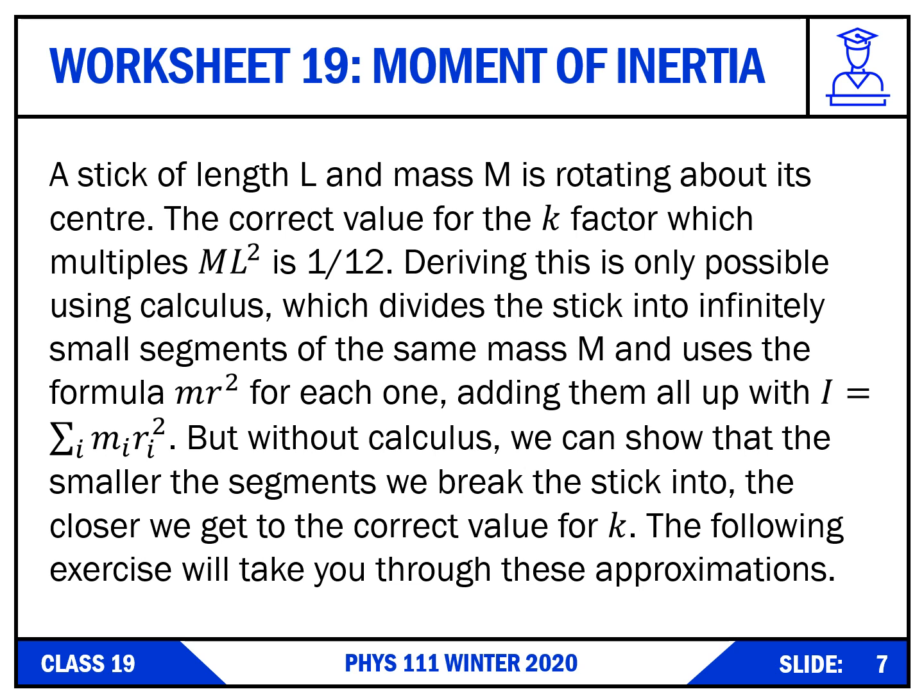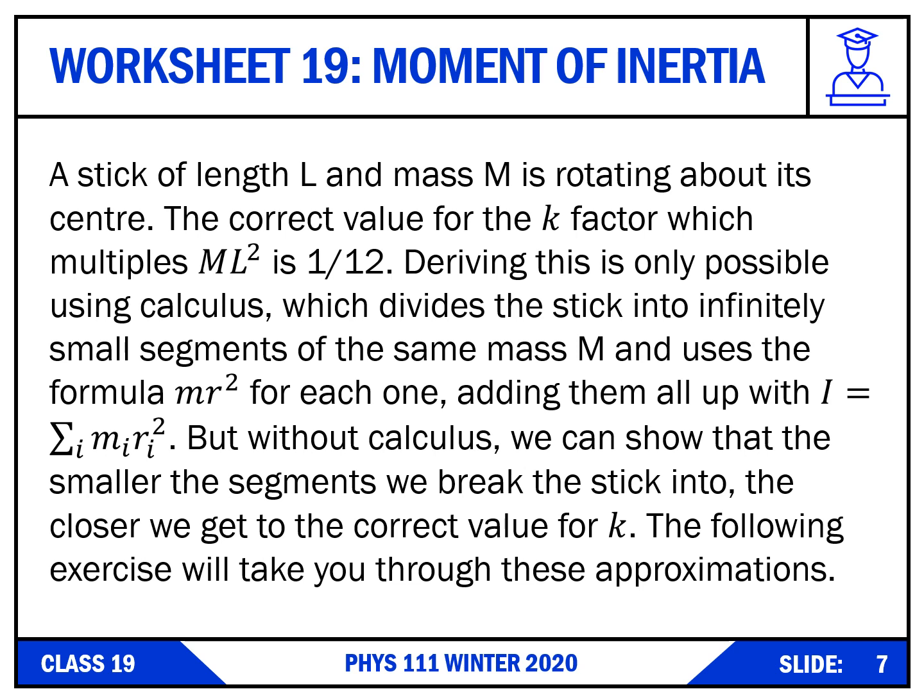So this worksheet basically takes us through how we would even go about calculating the moment of inertia for different shapes of objects. So the main focus of this worksheet is a stick of length L that has mass m. It's rotating about its center.